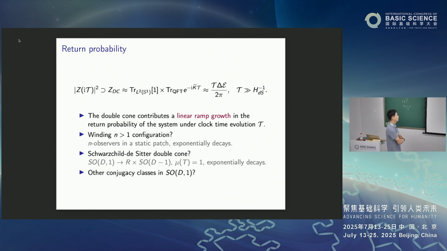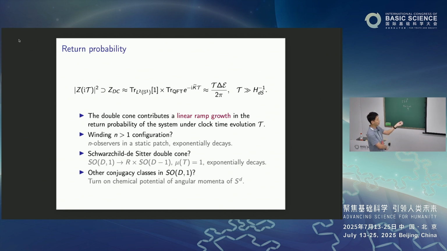And you can ask, what about other conjugacy classes in SO(D,1)? Here we consider a quotient with a boost vector, but you can imagine adding rotation. In general, it's a maximal torus of this Lie group, which you can interpret as turning on a chemical potential in the system.